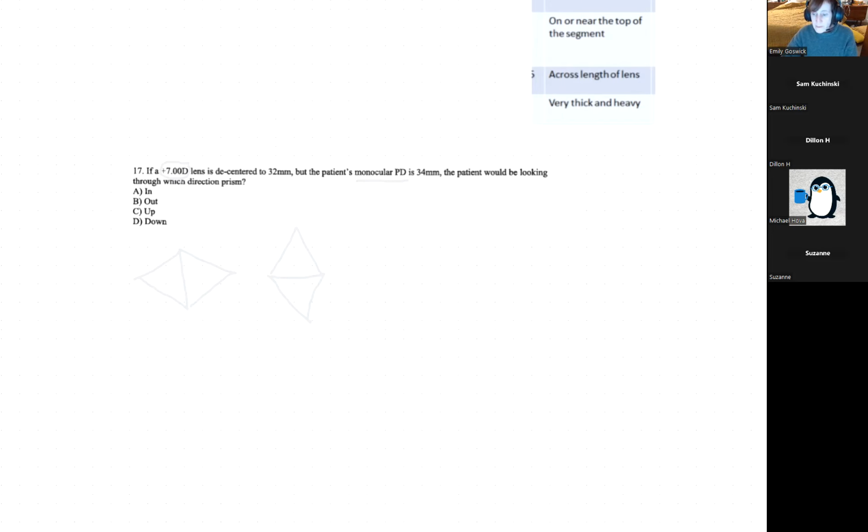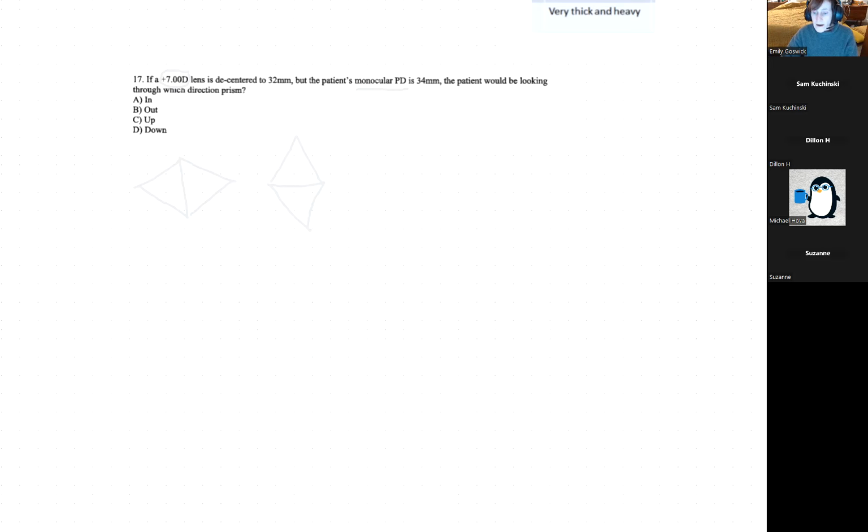I find this to be the easiest way to visualize this. You may get really good and not necessarily need to draw it out. But basically, we have the person here with their eyes and their nose, and let me just draw the lenses here.